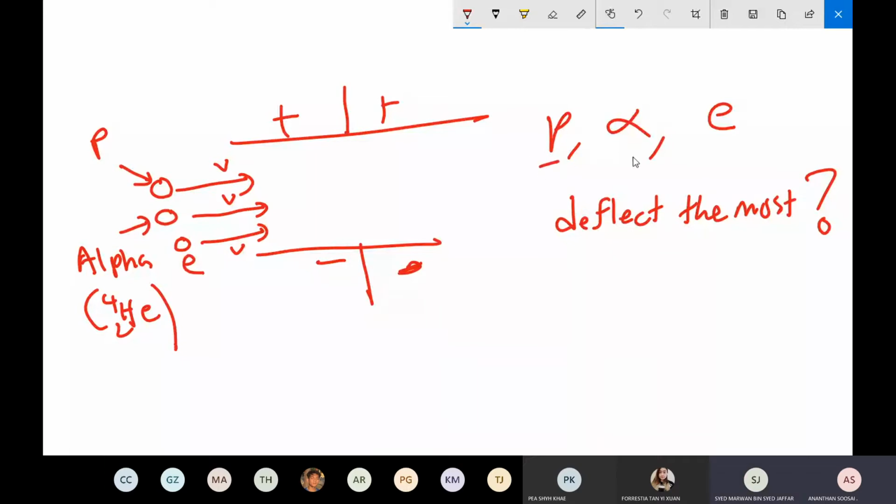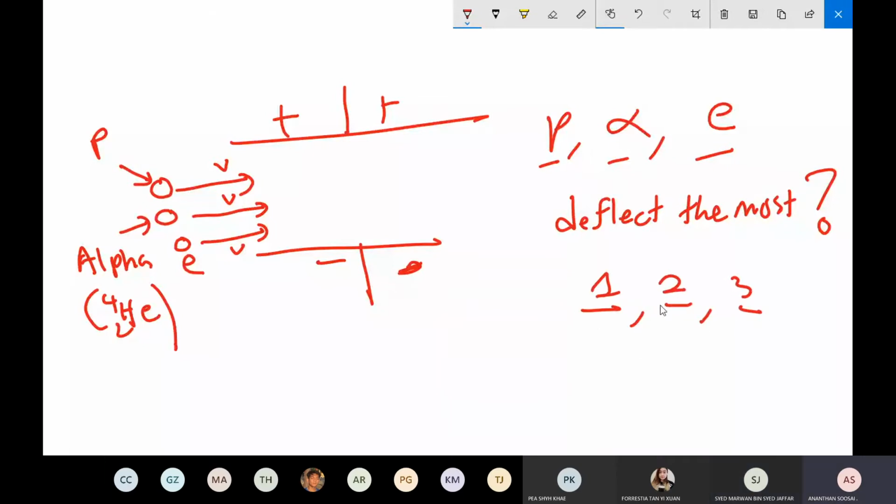Based on calculation, show me. One minute for you. You must have a reason. Which is going to deflect the most? Who's going to be number 1, number 2, number 3?